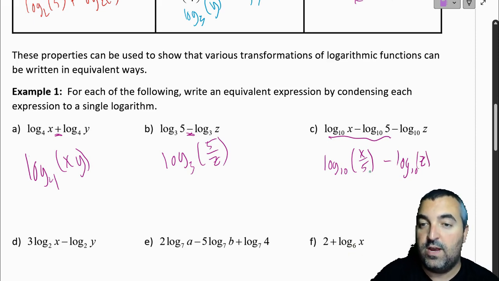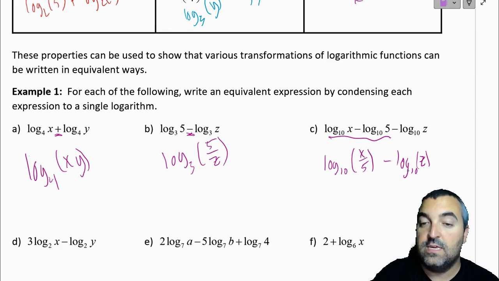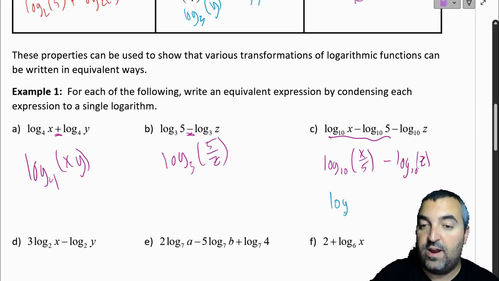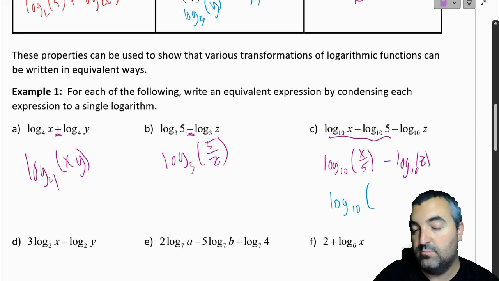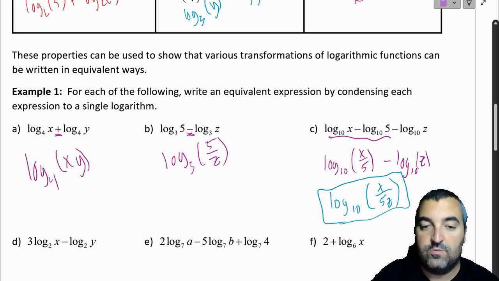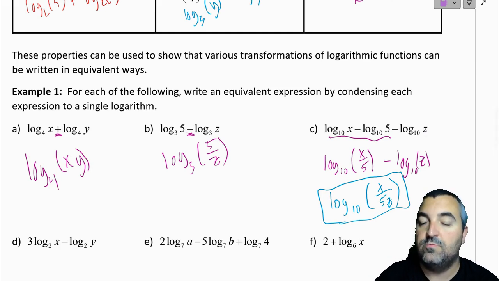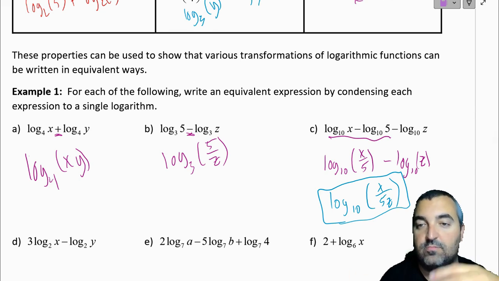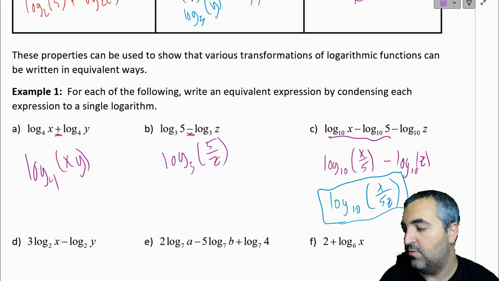Well, subtraction means that we would divide by z. Dividing a fraction by a number, or a variable in this case, really just means you're putting it in the denominator. Anything that's being subtracted, when you condense logs, is going to end up in your denominator. That's kind of your go-to thing.